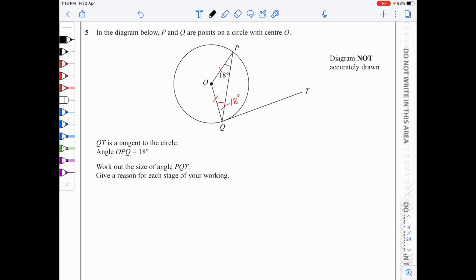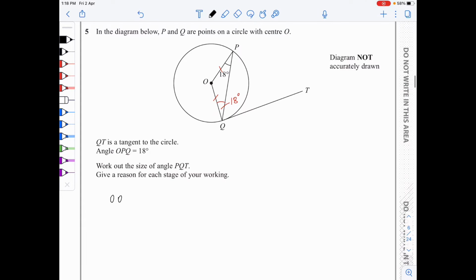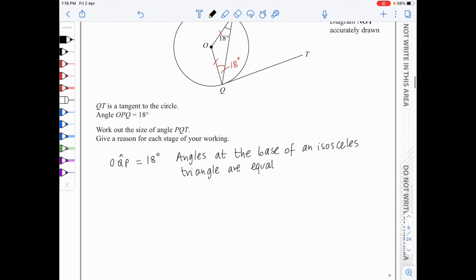We need to give reasons here. So OQP is 18 degrees because of angles at the base of an isosceles triangle being equal. So that's the first reason I'm giving here. And we also know, we've been told that QT is a tangent, which means that the angle here is 90 degrees.